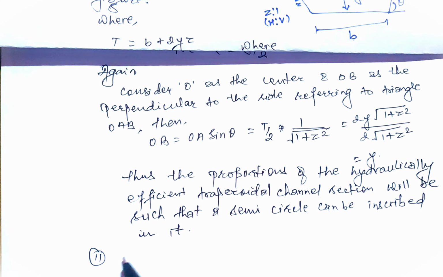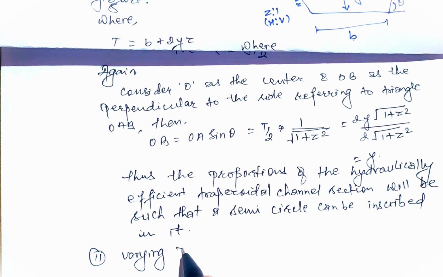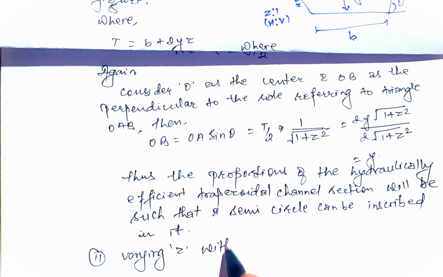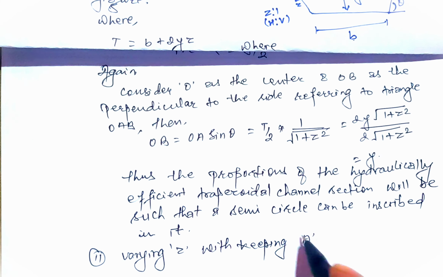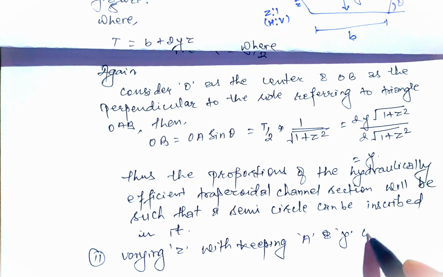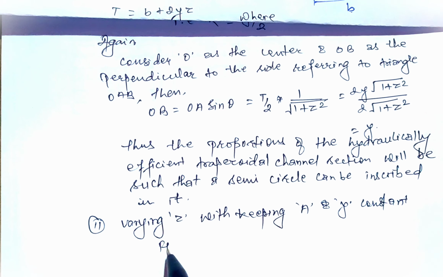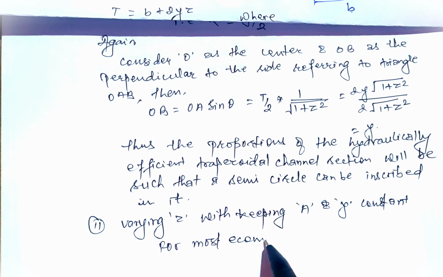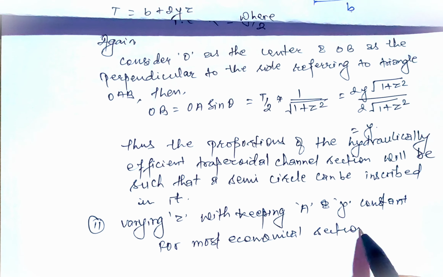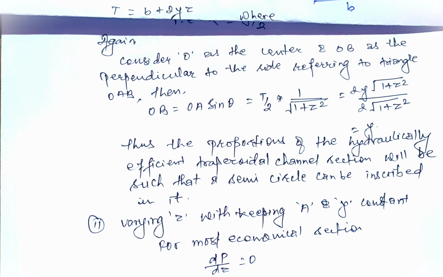Now we'll move to case 2, of varying z, keeping A and y constant. Now for the economical section, dP by dz equals 0.